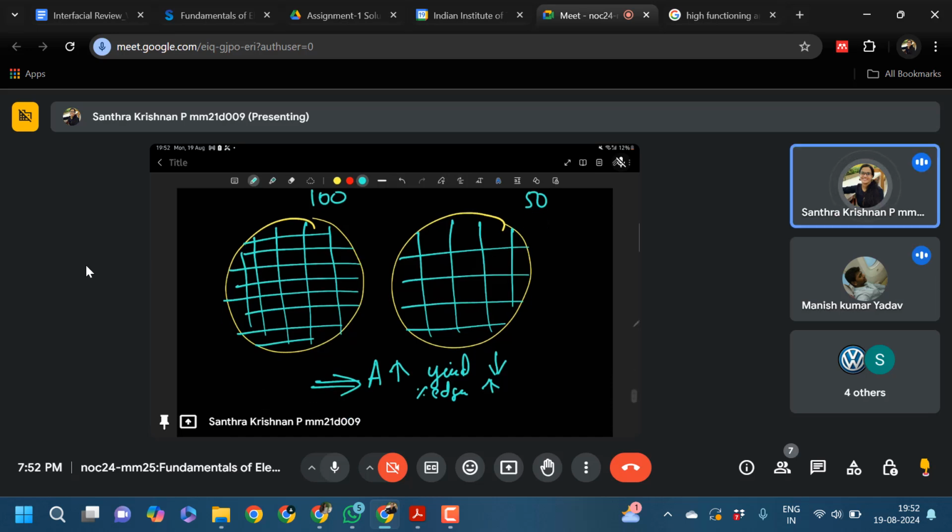Out of this, say 20 are edge dies here and 30 there, so the percentage is more here and less there. I think that is what he meant.